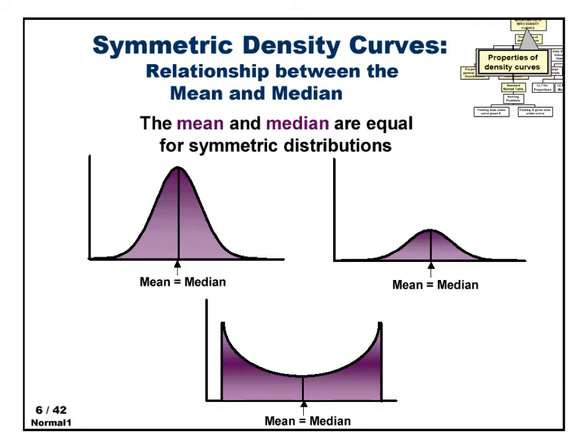And here's the important part: with symmetric distributions, the mean and the median are always equal, or darn close to it. What's nice about that, if we're talking about probability or percentages of chance, is that the probability of falling on either side of the mean, which is the median, is 0.5. That'll be useful here in a minute or two.